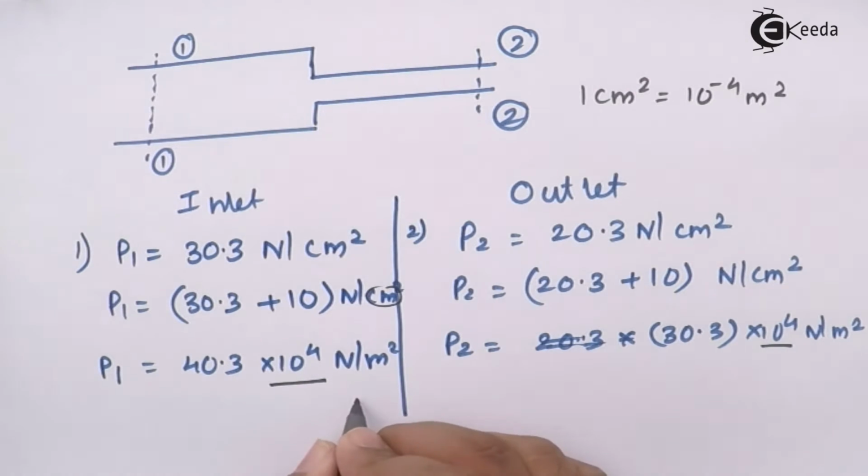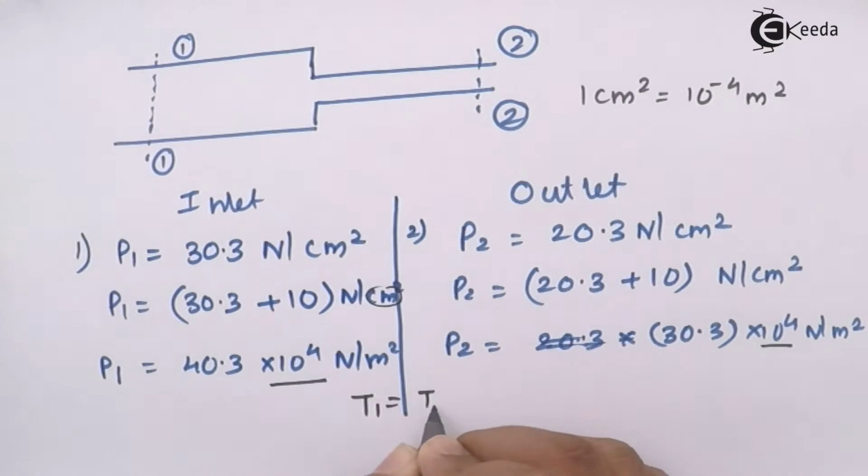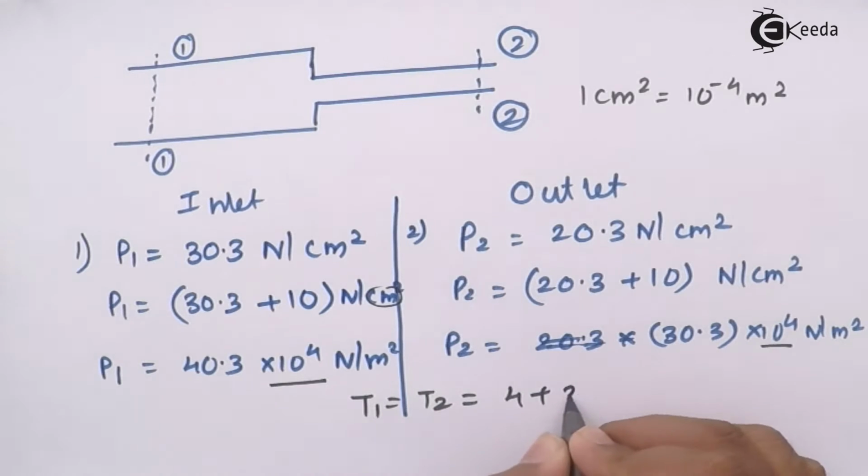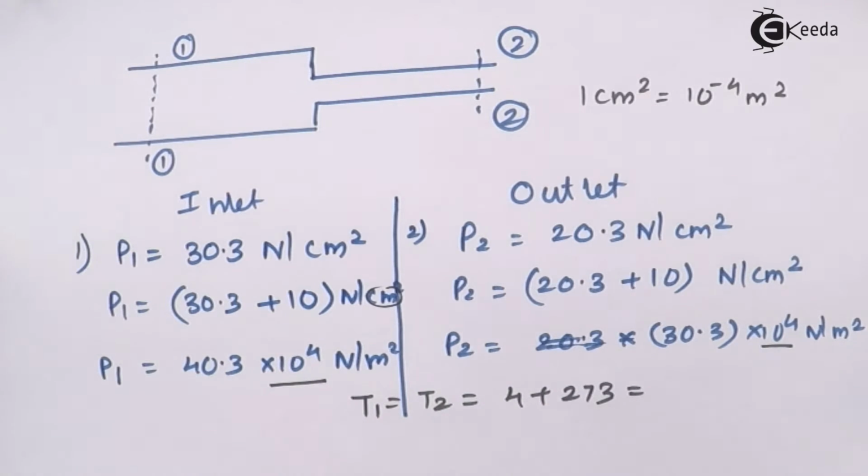The next part given to us is T1 is equal to T2, since it is an isothermal process. So this will be 4 degrees Celsius plus 273, converting into Kelvin. So this will give us 277 Kelvin. That is the temperature over here.